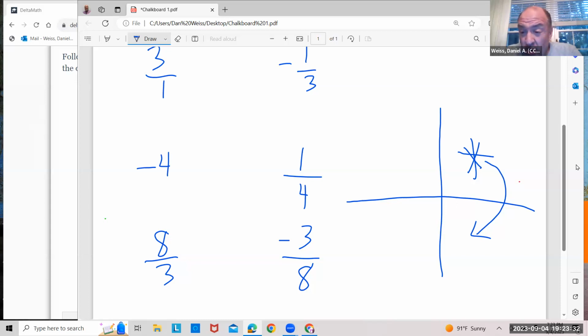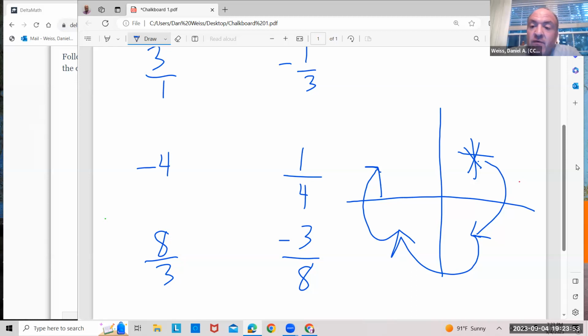If you go 2 quadrants, that's going to be 180 degrees, 90 plus 90. If you go 3 quadrants, that's going to be 270 degrees, 90 plus 90 plus 90.